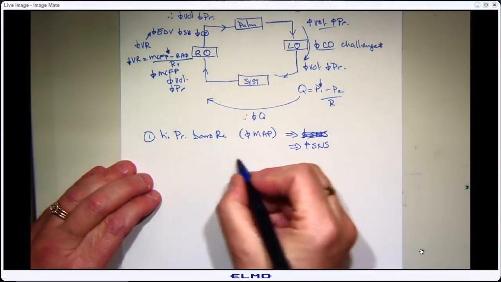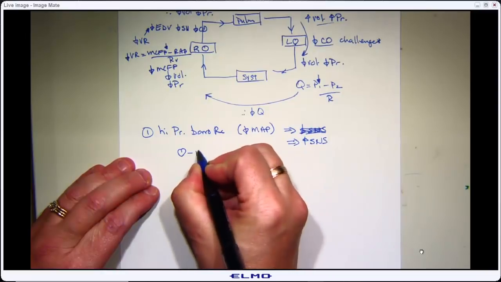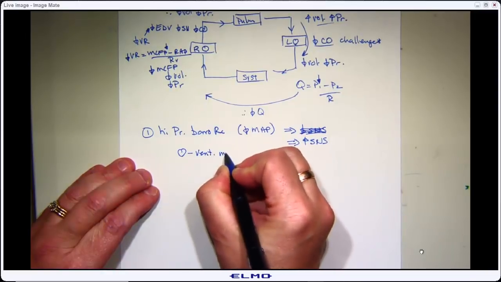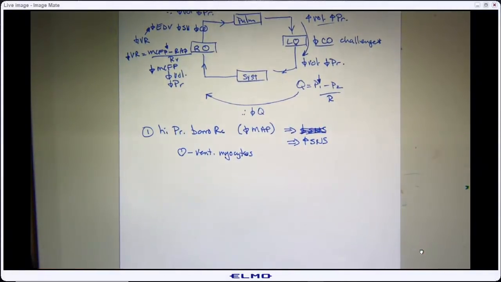We are. So let's go to the heart. We're plugged into ventricular myocytes. So what is an increase in sympathetic nervous system stimulation of ventricular myocytes going to do?